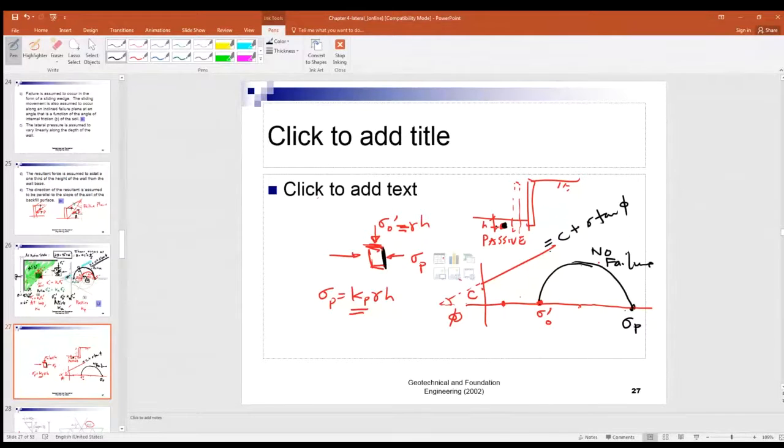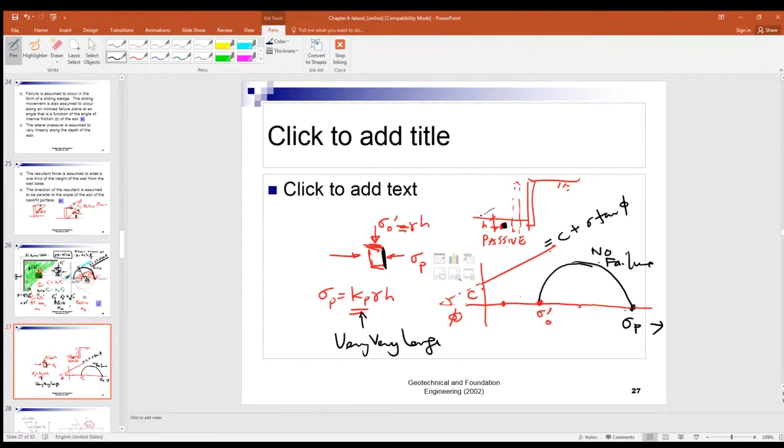But what about if sigma p is very large? Suppose it's very, very large here. What will happen? Sigma p will be moved much further on the right-hand side, because sigma p is very large.